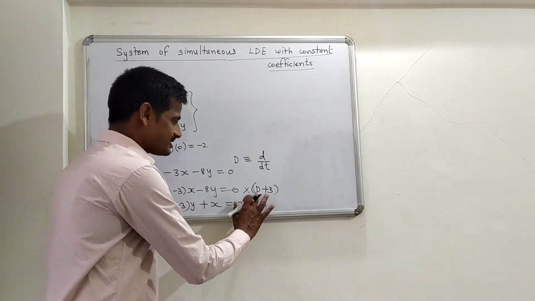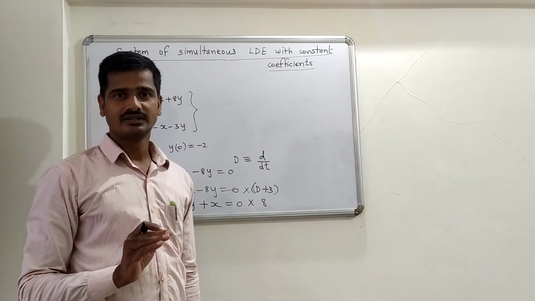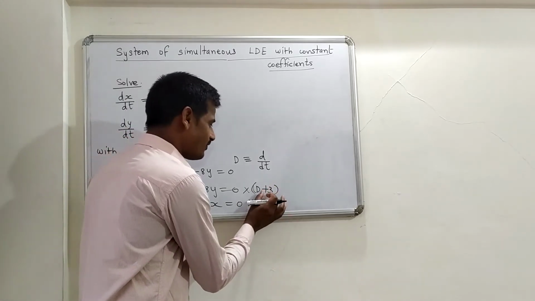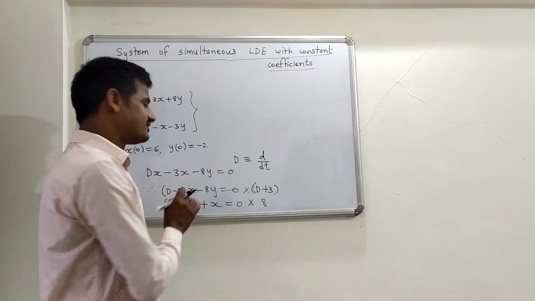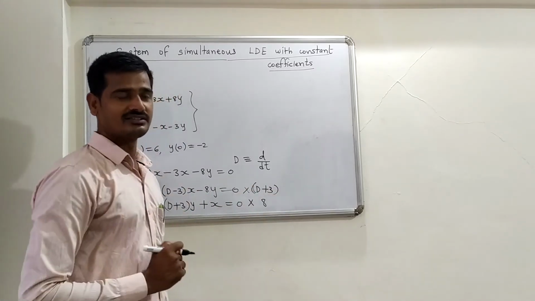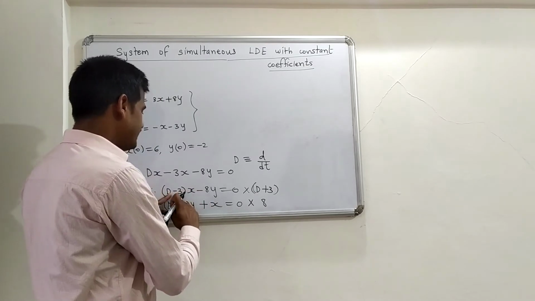So multiplication by D plus 3 is not just simple multiplication. In other words, I have to operate D plus 3 on this differential equation. So be careful when we operate D plus 3. Already D minus 3 is here.